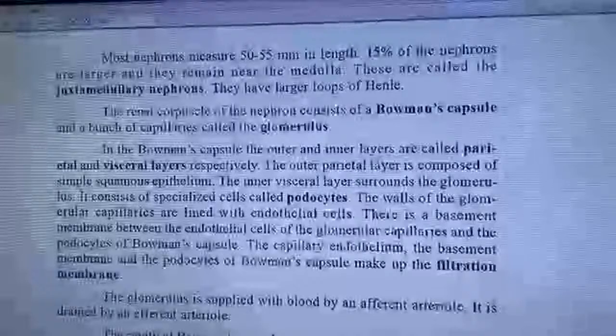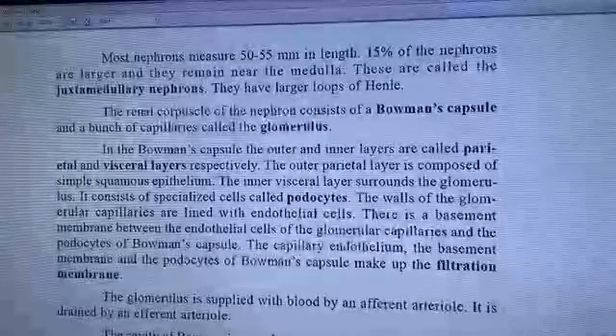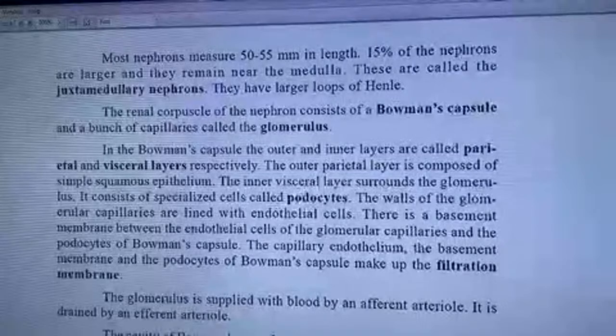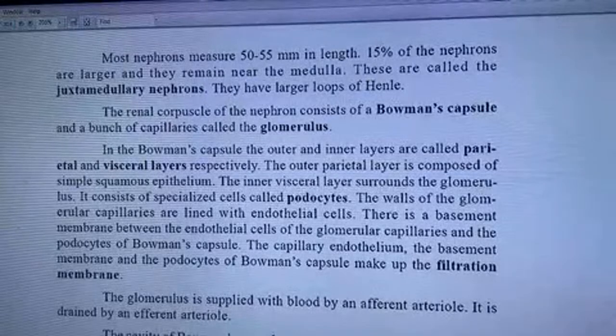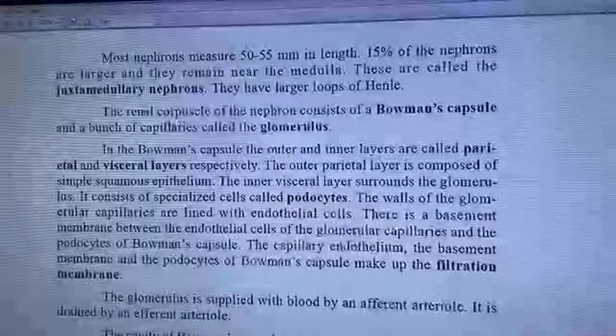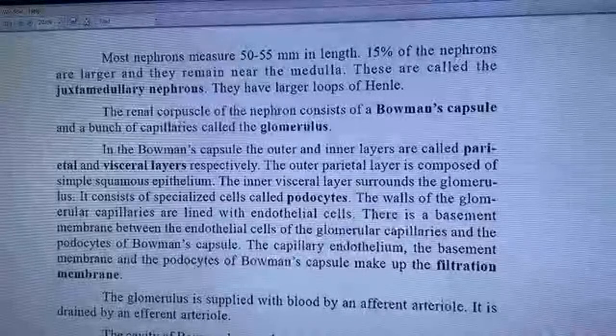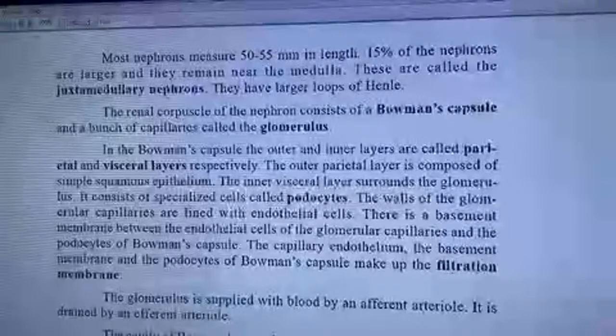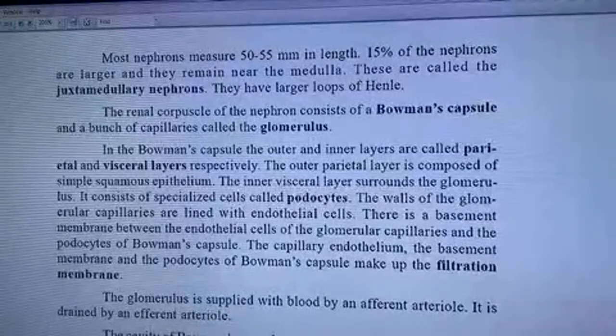The renal corpuscle of the nephron consists of the Bowman capsule and a bunch of capillaries called the glomerulus. The outer and inner layers of the Bowman's capsule are called the parietal and visceral layers respectively. The outer parietal layer is composed of simple squamous epithelium. The inner visceral layer surrounds the glomerulus. It consists of specialized cells called podocytes.